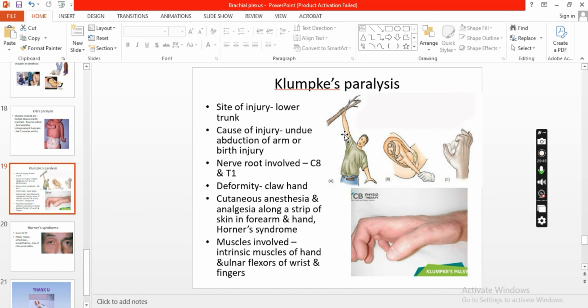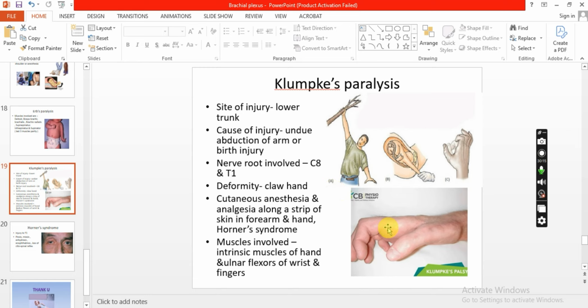So his arm is unduly abducted, but the remaining part of the body is moving downwards with great velocity, causing injury to the C8 and T1 nerves, where the lower trunk is involved.